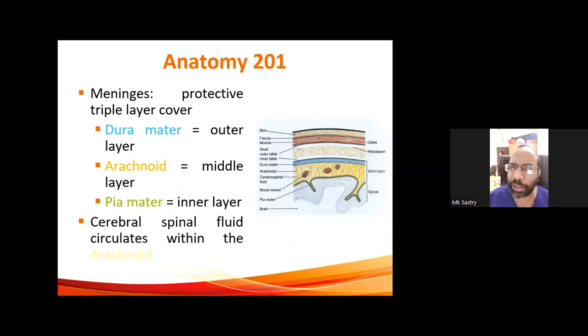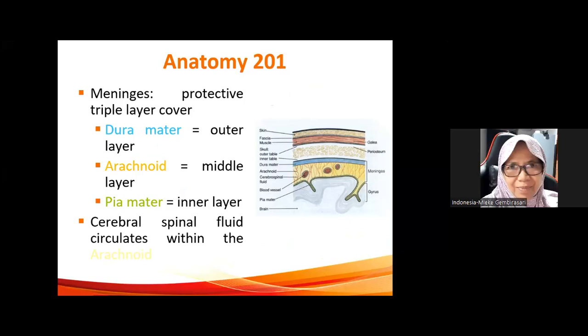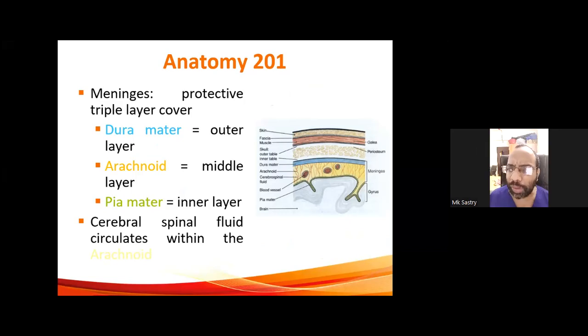Your meninges are a protective triple-layer cover. What are they? Dura, arachnoid, and pia. The outer matter is called what? The brain is protected by three matters. What are they?